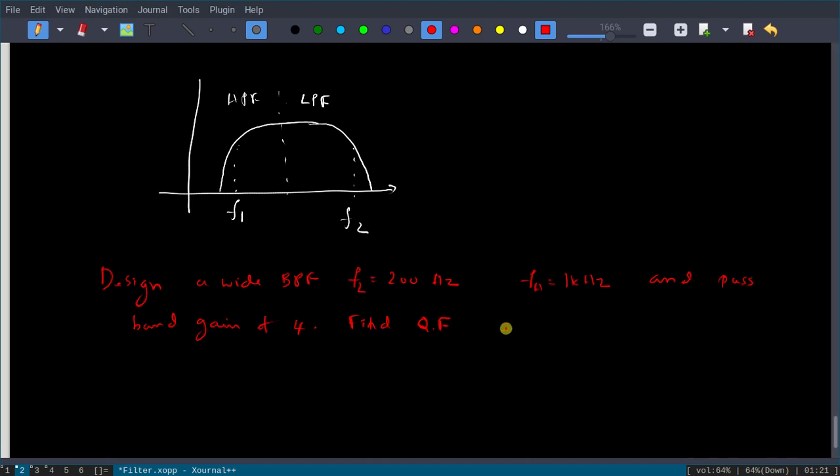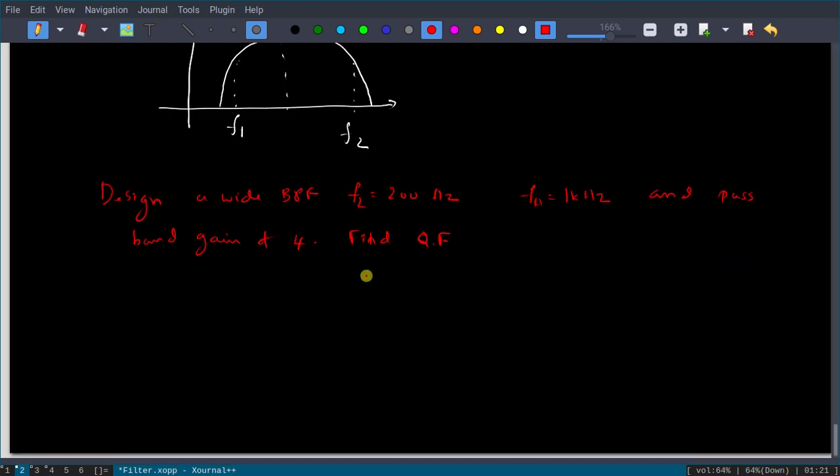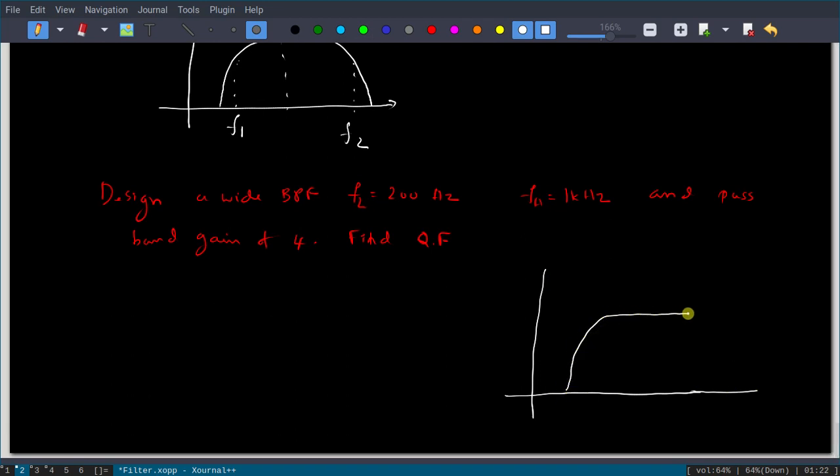Okay. So here, finally the response should be what we want. The frequency given is 200 and this one is 1 kilohertz. So this is FL and this is FH.